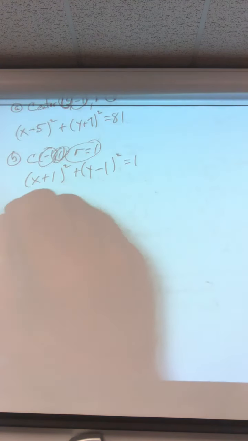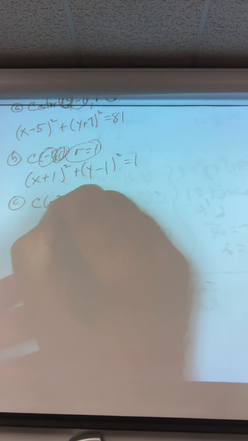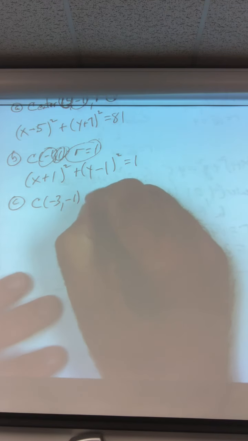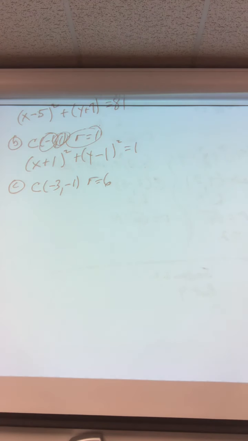Okay, let's do another one. And that C stands for center right there, by the way, if you haven't figured that out. So the center is (-3, -1), radius 6.